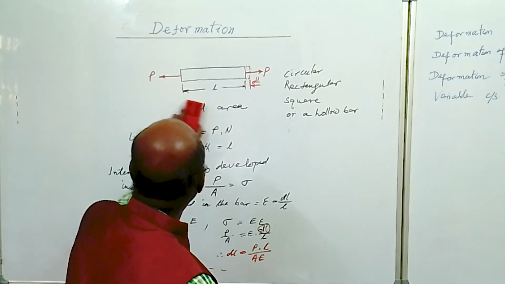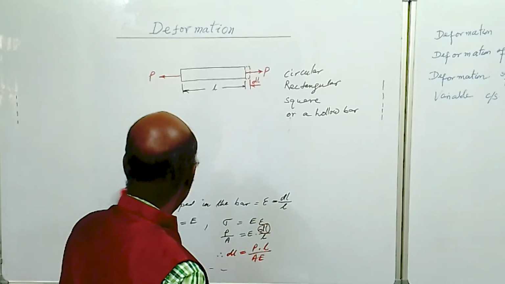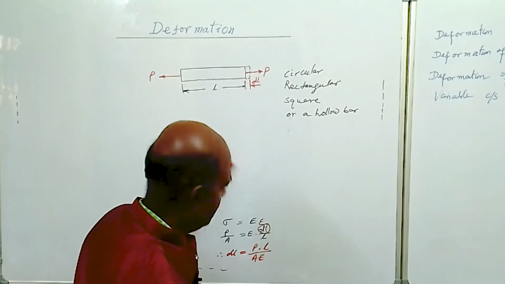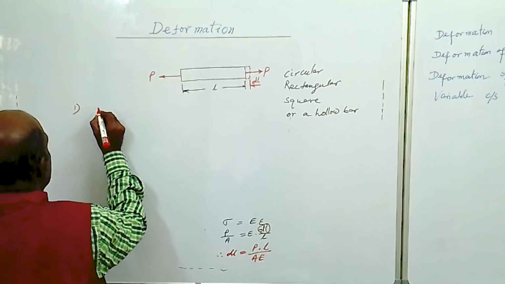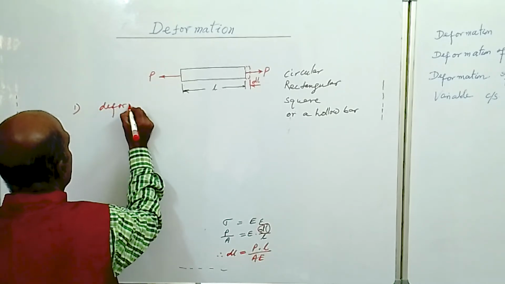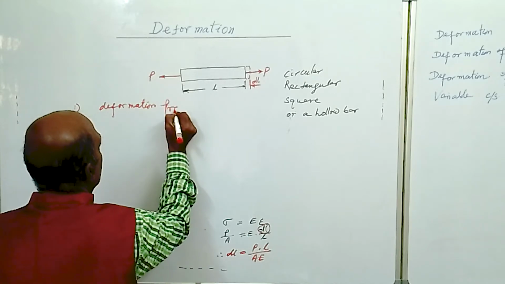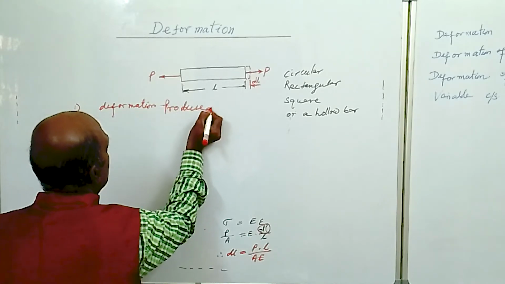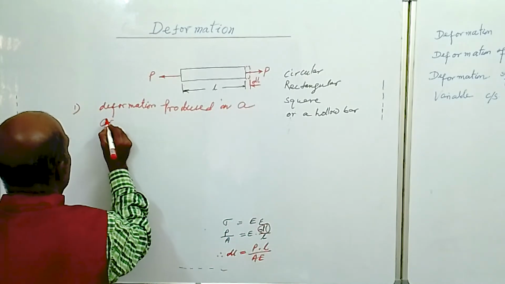Now let us take the first case, that is deformation produced in a circular bar.